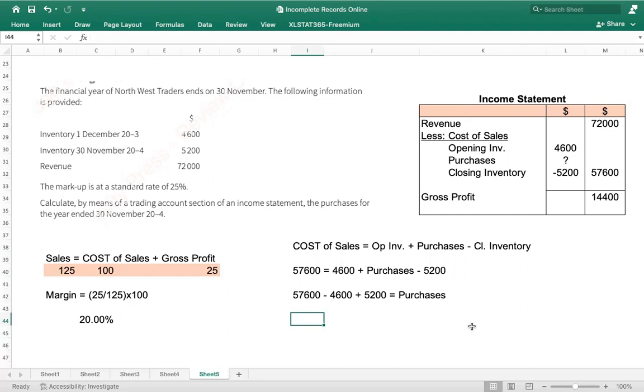Yes. 57,600 minus 4,600 plus 5,200. So I got my purchases figure how much? 58,200. This is the amount of purchases. Clear? Yeah. Now that I will write here, 58,200.